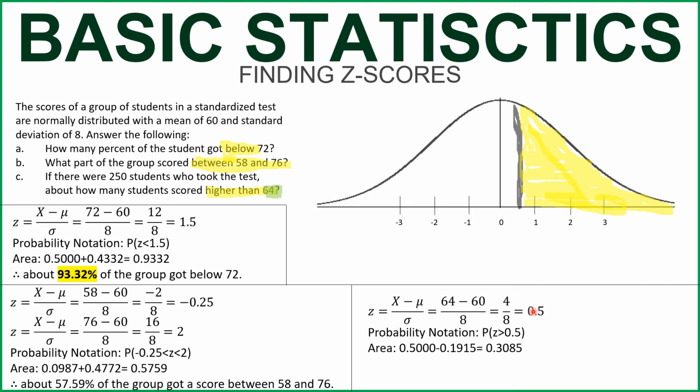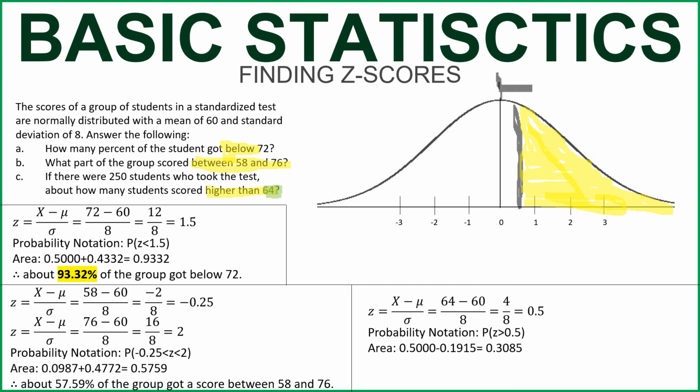So, kung titignan nyo sa z-table, yung value ng 0.5 is 0.1915. So, we subtract 0.5 by 0.1915. Ma'am, saan po nanggaling yung 0.5? Dun sa z-score ba? Hindi po. Nanggaling yung 0.5 dito. Ayan. Etong portion na to.